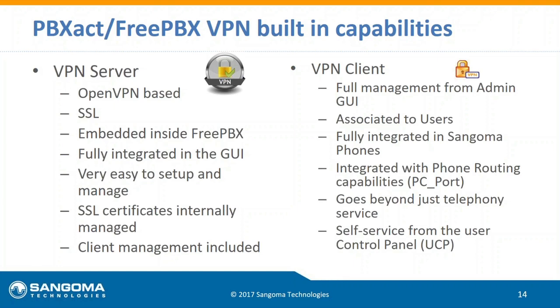You can use it to provide VPN access to applications or other servers inside your corporation. There is also a self-service functionality embedded into what we call the UCP, the user control panel. It's the web interface to the user account. Every user on the phone system has a user account.